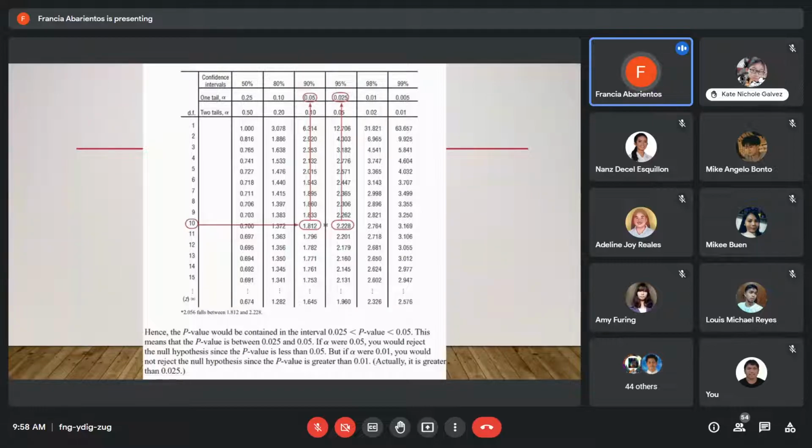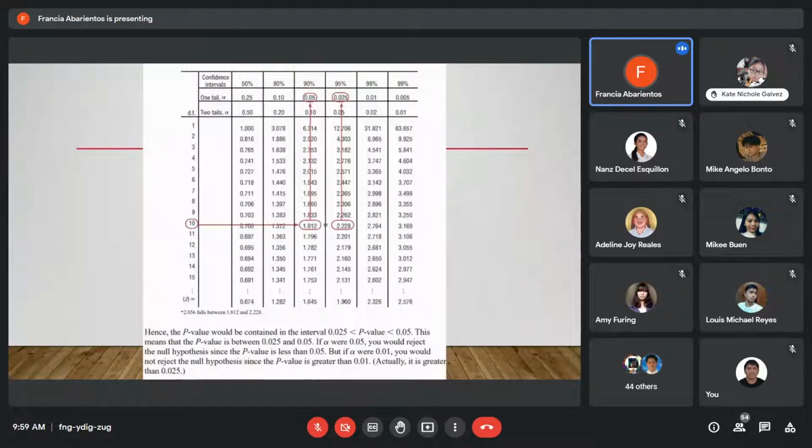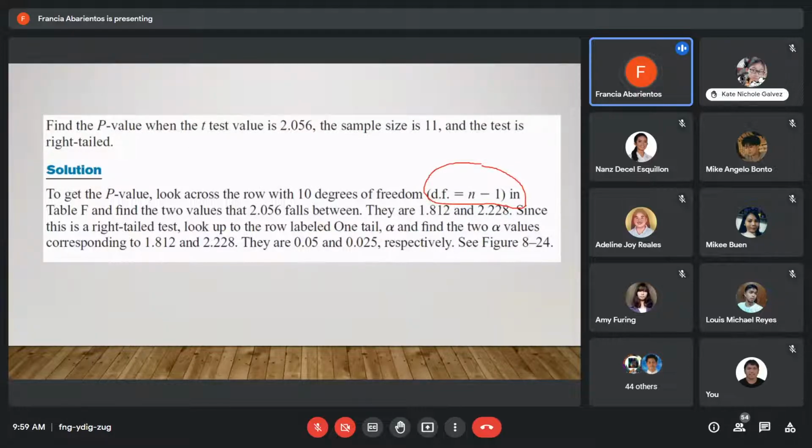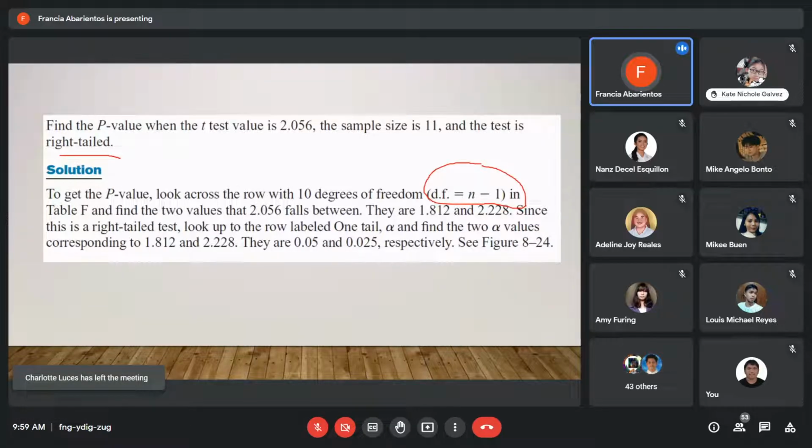Yung degree of freedom is 10, kasi 11 minus 1, that is 10. So, tama to class. This is 10. Ano yung pinapahanap? The test is a right-tail test. Okay. So, ano yung binigay sa atin? Yung mismong value. Ayan. So, test value natin is 2.506.